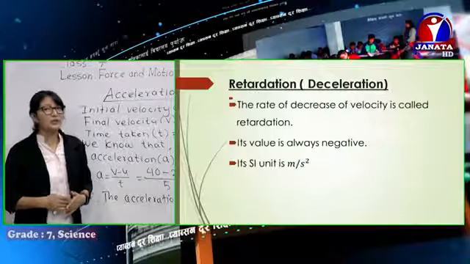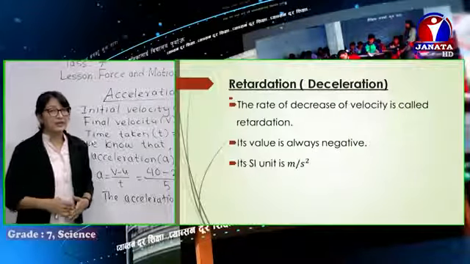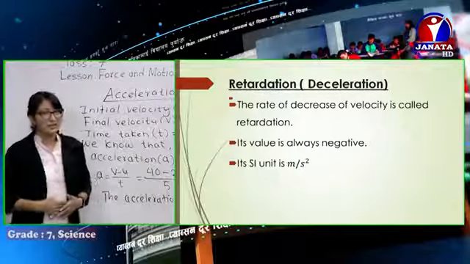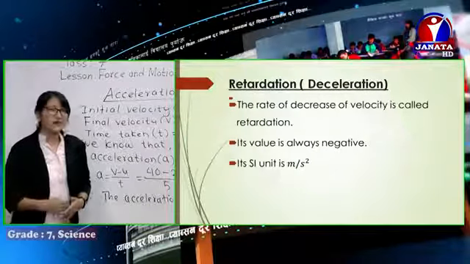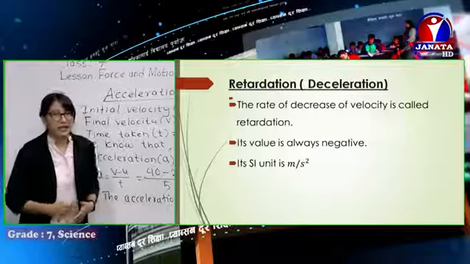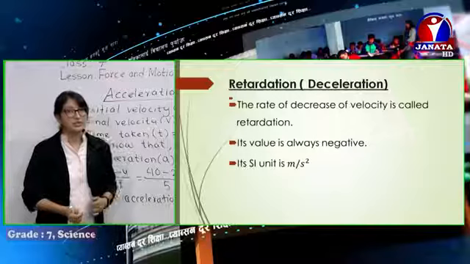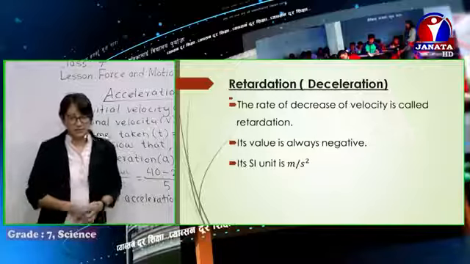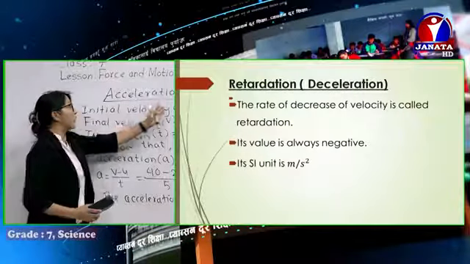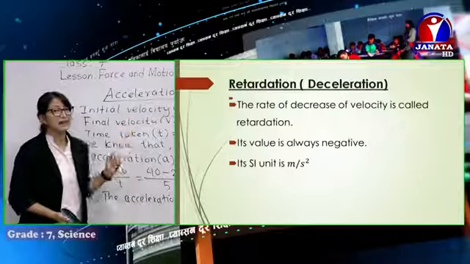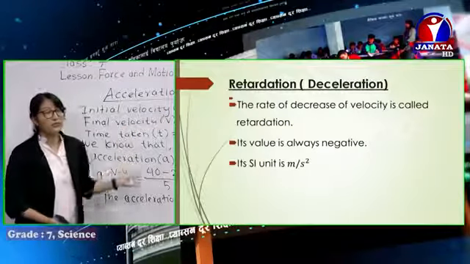The rate of decrease of velocity is called deceleration or retardation. Its value is always negative. It is denoted by the letter a only, but its value is always negative, and its SI unit is the same as acceleration, meter per second square. Now, if I change the values, we can easily find the value of retardation or negative acceleration.